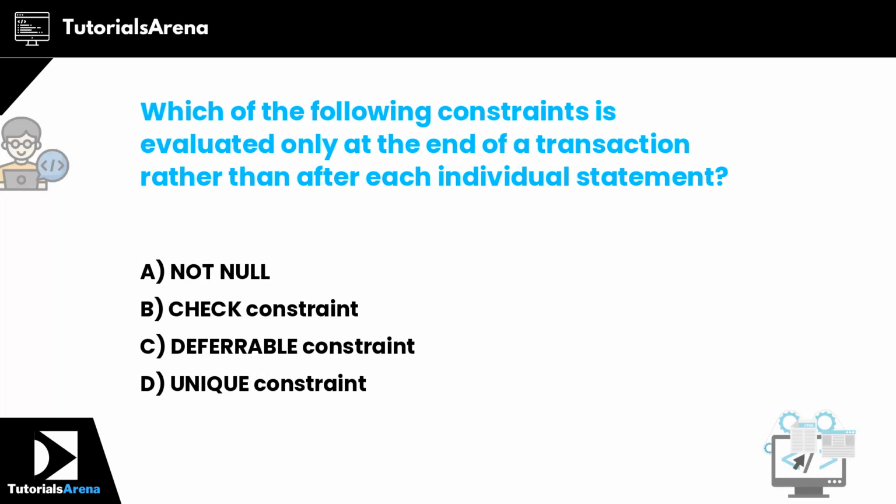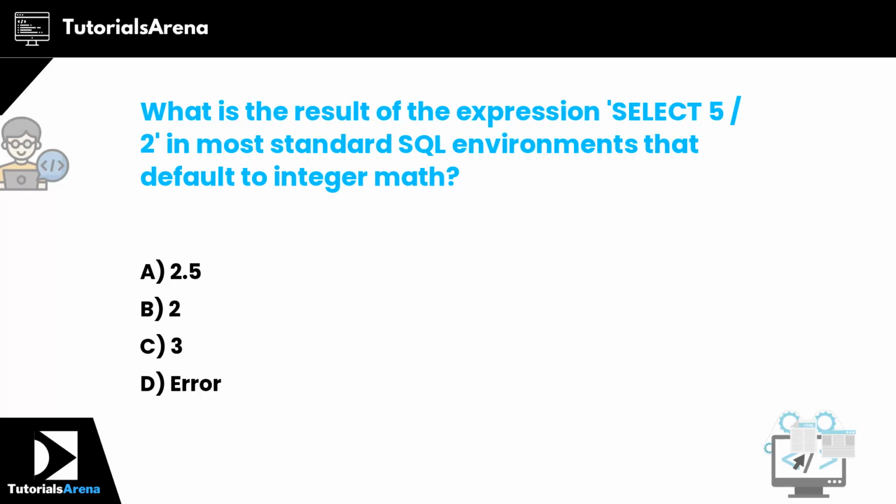Which of the following constraints is evaluated only at the end of a transaction rather than after each individual statement? Answer is C, deferrable constraint. What is the result of the expression select 5/2 in most standard SQL environments that default to integer math?